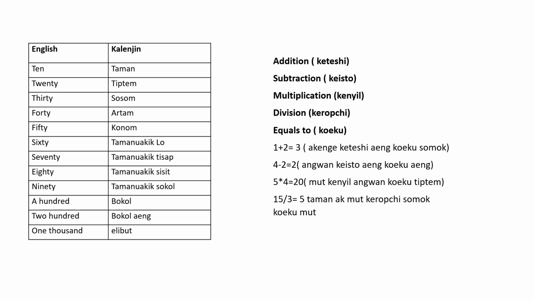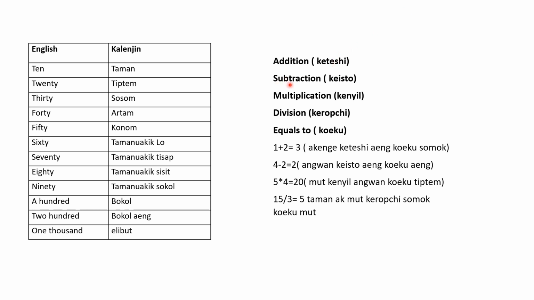Now I want us to go into another field here, the field of arithmetic, which is addition, subtraction, multiplication, division, and then the equal sign. Addition in this case is keteshi. But what is to add? Add is teshi.